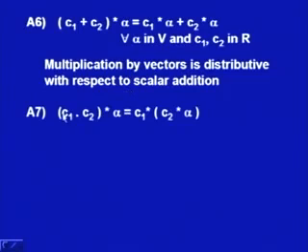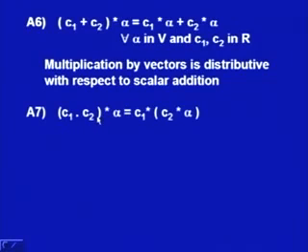The next is the associative property. Here we will have C1 dot C2, that is multiplication of two scalars, multiplied by a vector alpha, is equal to C1 star C2 star alpha. Now here you may notice that this dot simply means multiplication of two scalars. So when the two scalars are multiplied, we will be getting another scalar.